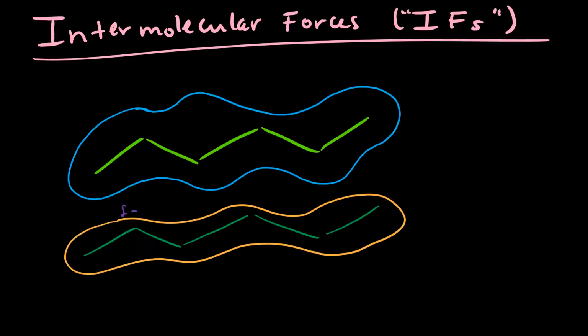Let's say this has a delta negative charge all the way across. It's going to be repelling on the other side, squishing the electron cloud over to give that other side a delta plus charge all along the surface. And so then you get the interaction between the delta plus and delta minus, this electrostatic attraction. This is what we describe as dispersion forces.